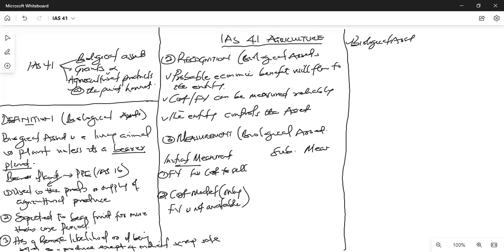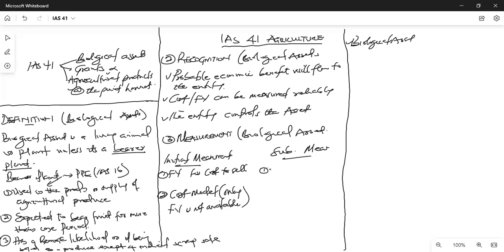Now, what we are going to understand is that when it comes to the subsequent measurement, all revaluation is done to fair value. All right, every year we are supposed to revalue to the fair value at the end of the year, or at the point of sale. All right, so that is what you are going to do.